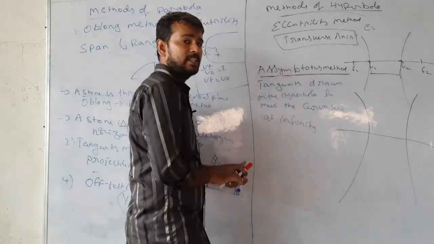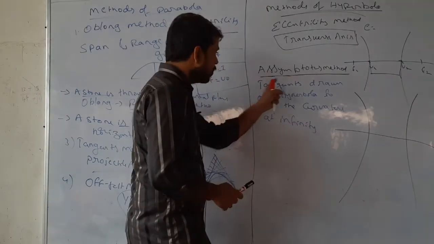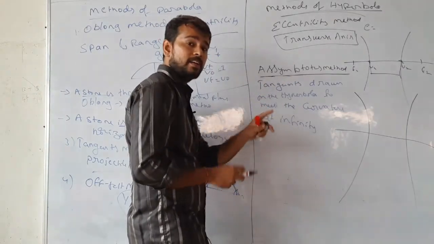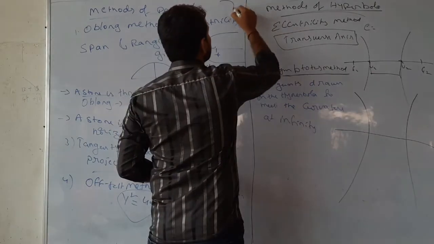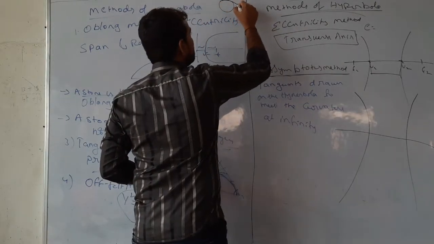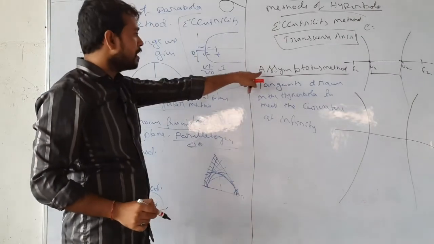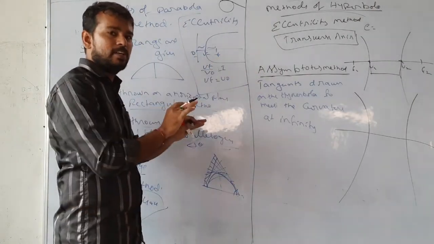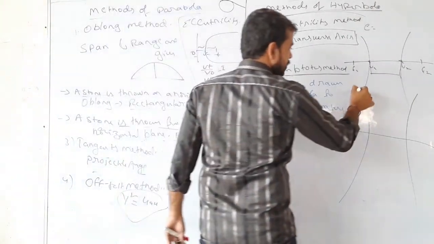These are nothing but the tangents drawn on the hyperbola. Tangent means, if it is a circle, the tangent should meet the circle. But here asymptotes will not meet. Of course they will meet, but where? At infinity.